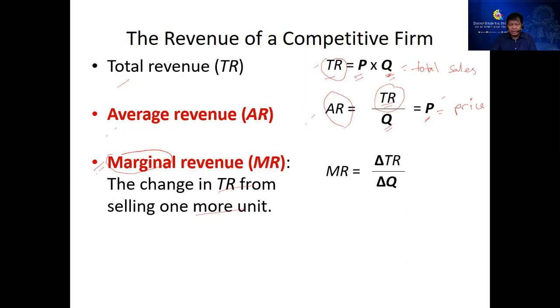That's the idea. So the marginal revenue is equal to the change, this symbol means change, or difference or additional. It could be a decrease or an additional, but it is the change. So the marginal revenue is the change in total revenue for every change in output sold, or additional commodity sold.